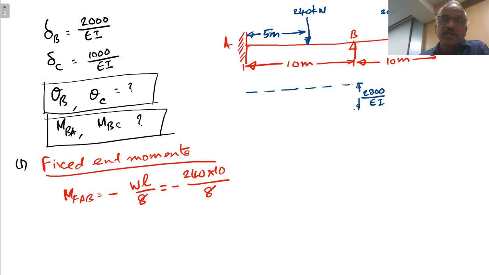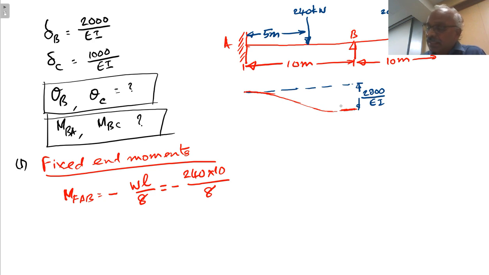Accordingly, when you account for settlement, you should not consider the rotation. Now it has to be horizontal for some distance, then it will start settling, and again at the end it will be horizontal for some distance.